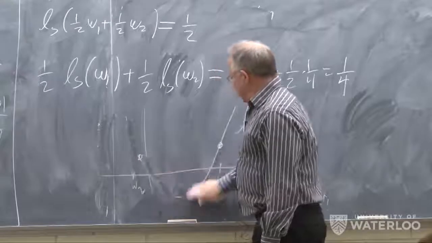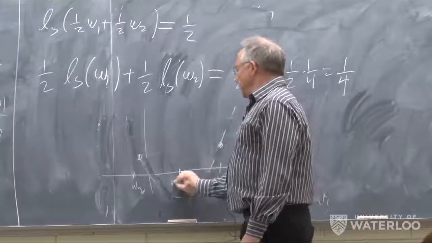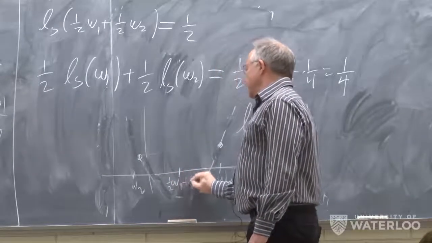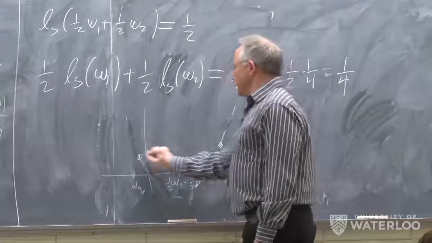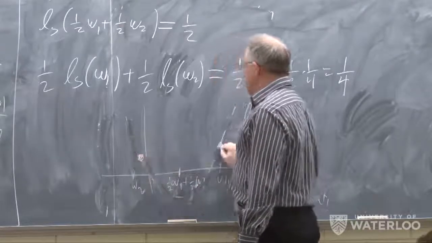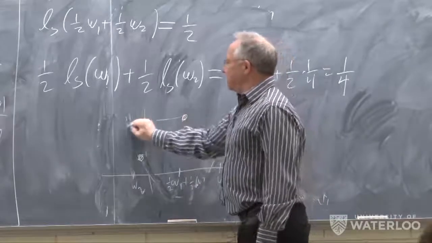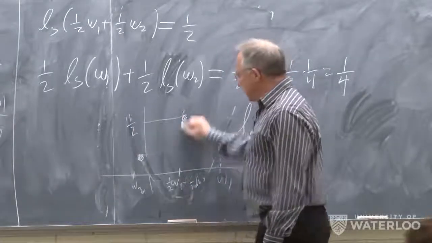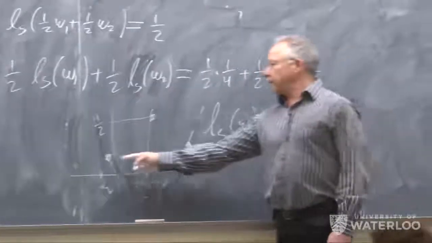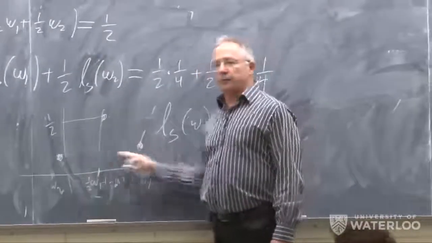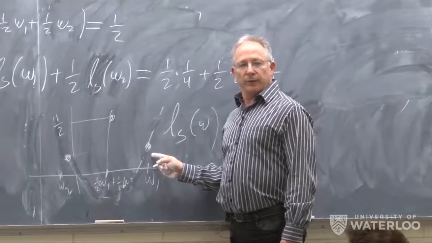So at half W1 plus half W2, I got a loss which is above the average of these losses. So the function is not convex.